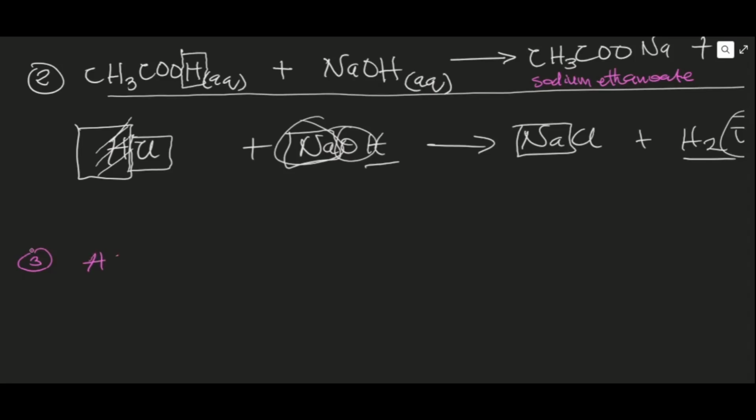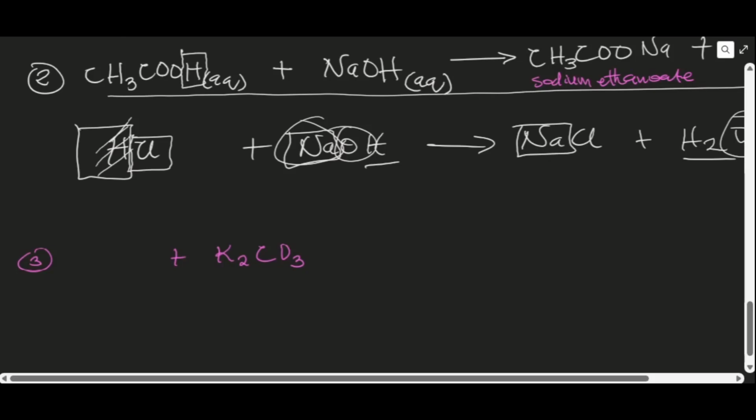So let's use hydrochloric acid reacting with potassium carbonate, K2CO3. So we have our hydrochloric acid, HCl, which is aqueous.